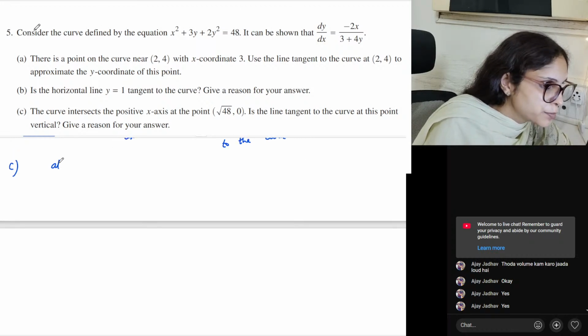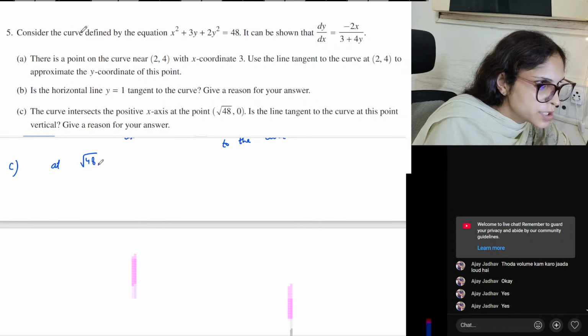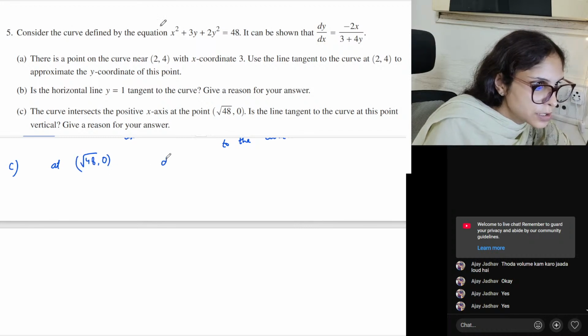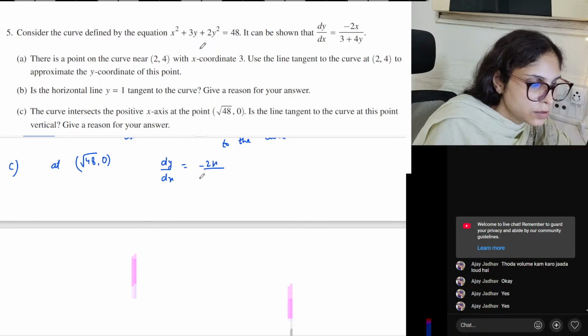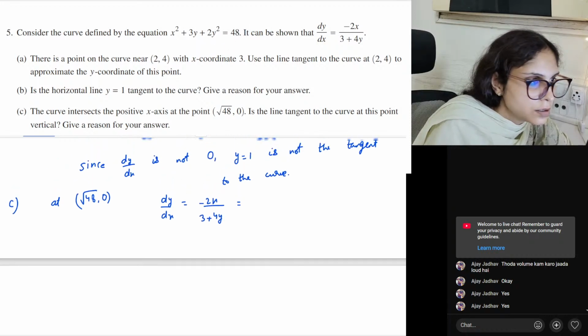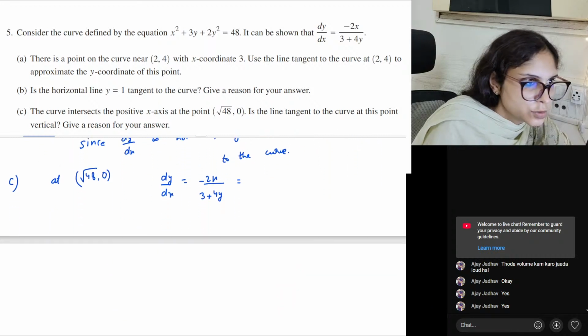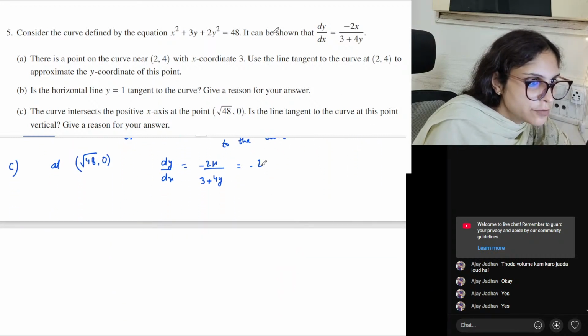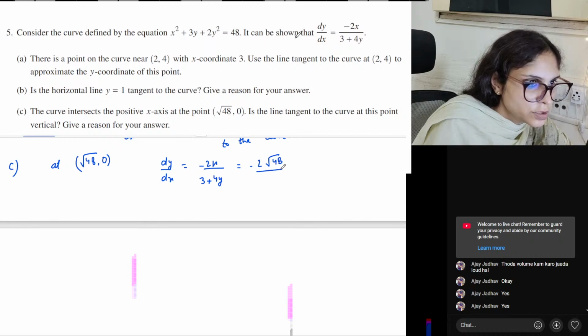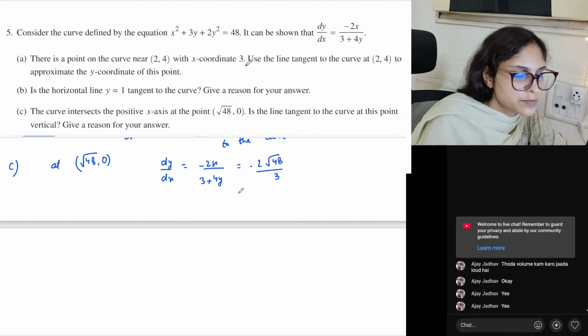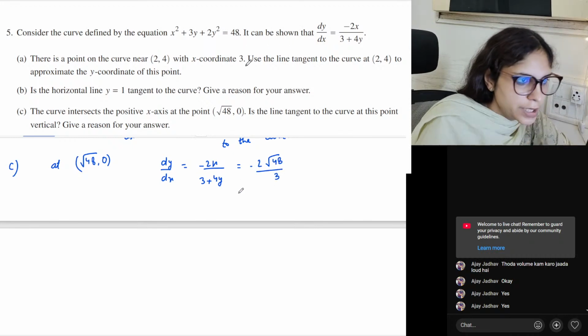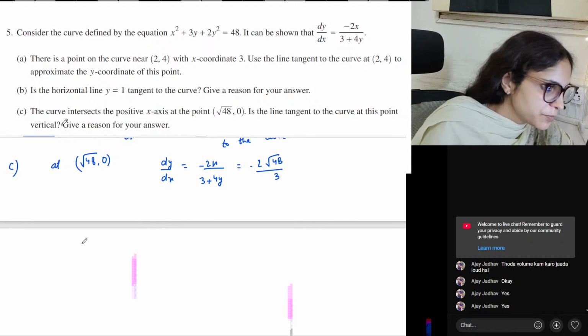So at square root 48, 0, because both points are directly given to you, you can directly find dy over dx. It is negative 2x over 3 plus 4y. So this would be negative 2 square root of 48 over 3, because 4 times 0 is 0.